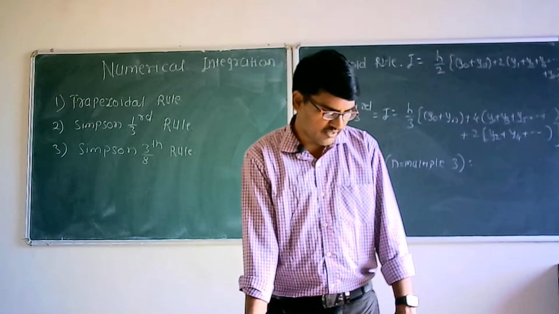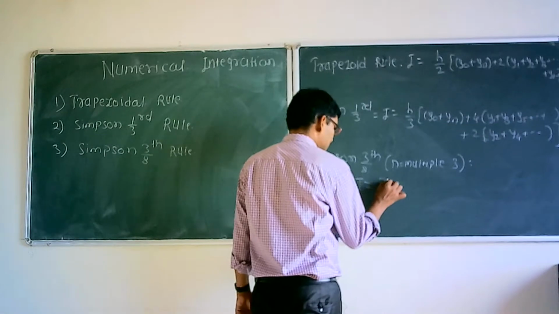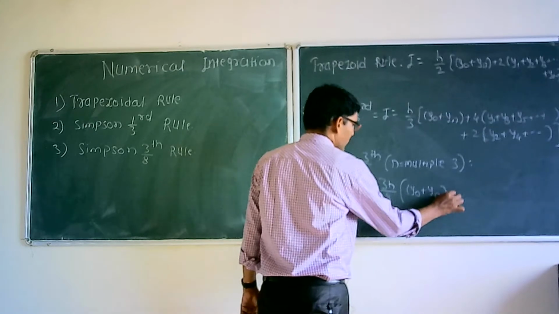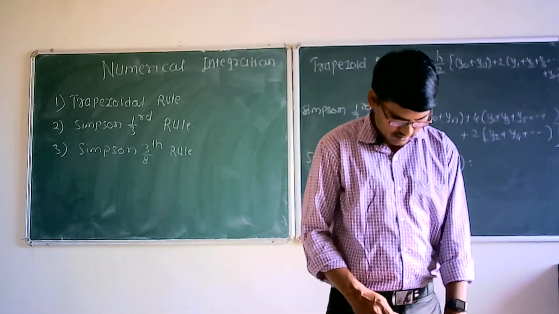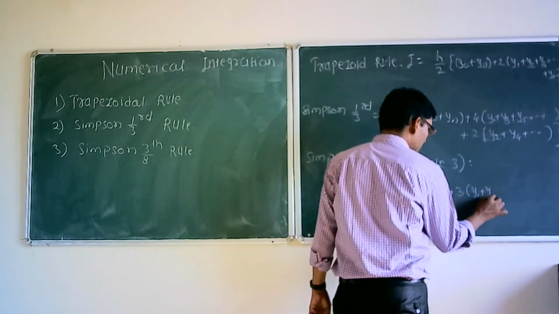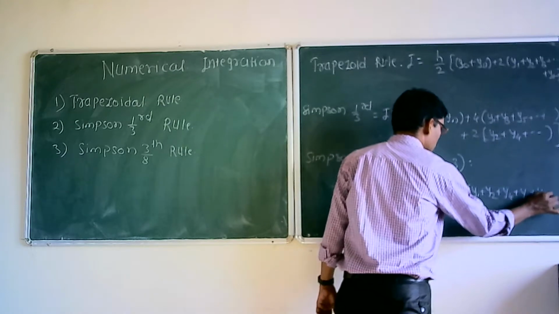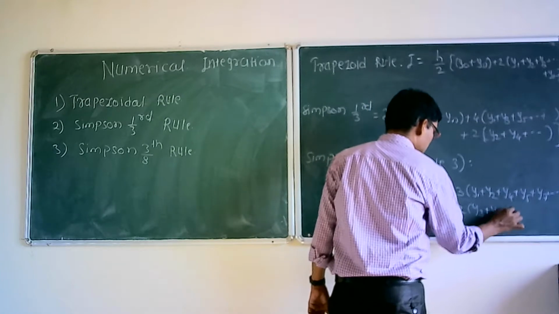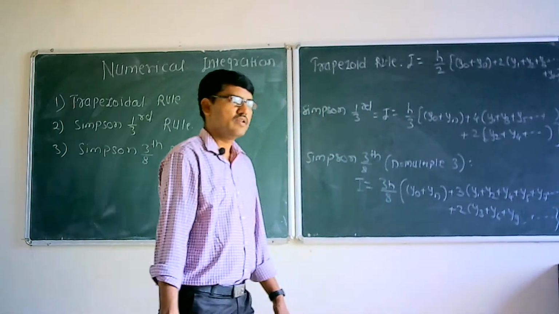And here we use the formula I is equal to 3h by 8 inside the bracket y0 plus yn plus 3 times all terms which are not multiple of 3, y1, y2, y4, y5, y7 and so on, plus 2 times all terms that are multiple of 3, y3, y6, y9 and so on. This is the formula for Simpson 3/8 rule.